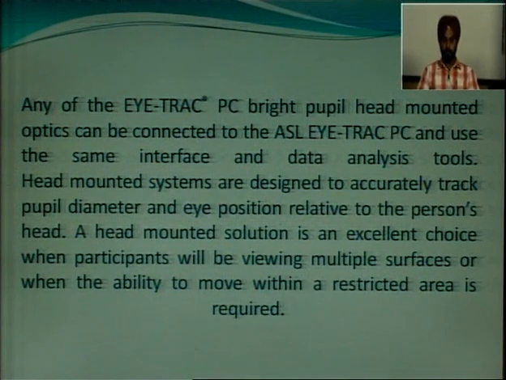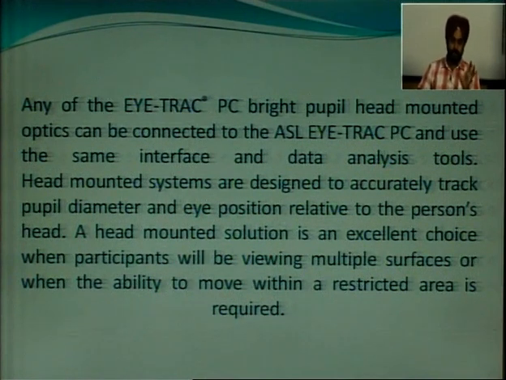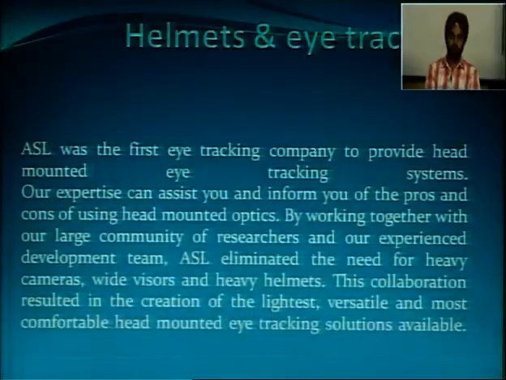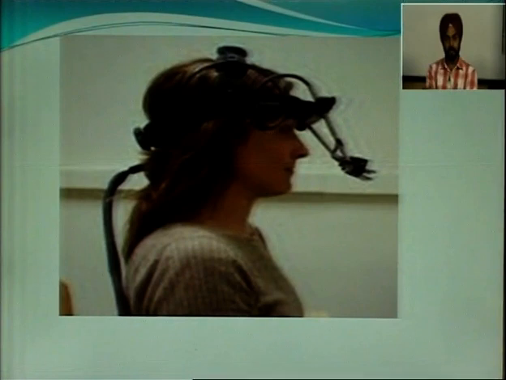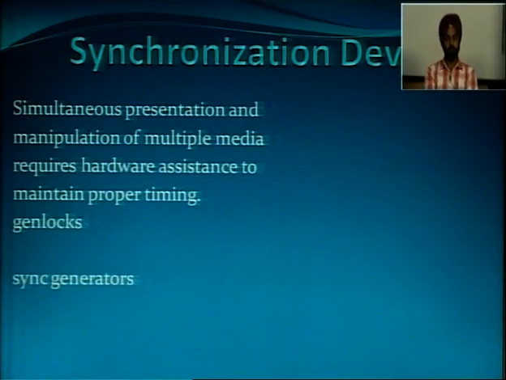A head mounted solution is an excellent choice when the participant will be viewing multiple surfaces, or when the ability to move within a restricted area is required. You see, when you have to check your eyesight, you use such types of eye trackers or any research like that. This is an eye tracker which accurately gives the information of exact position and exact track.